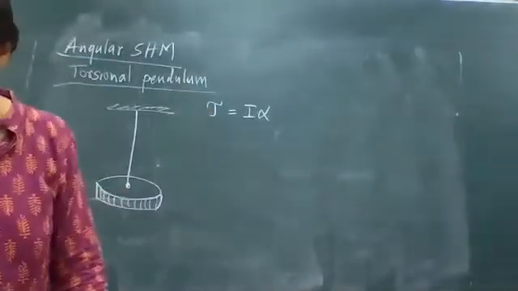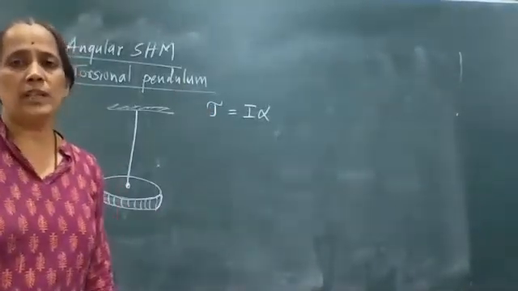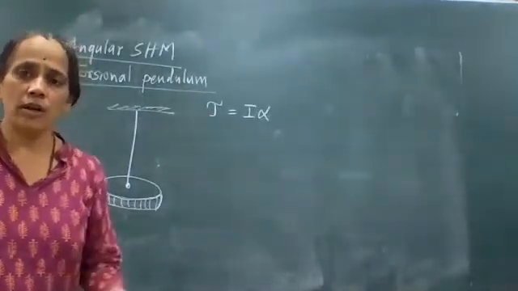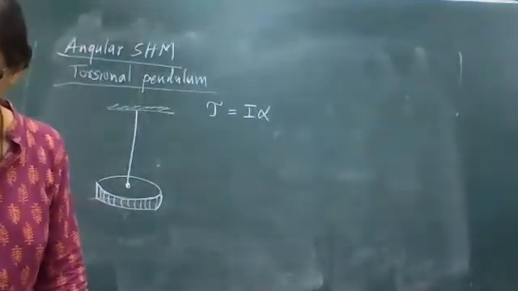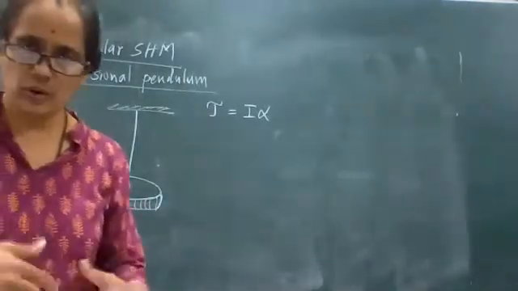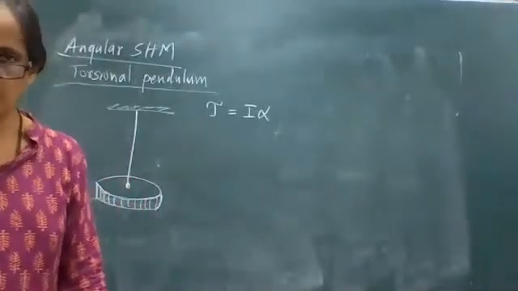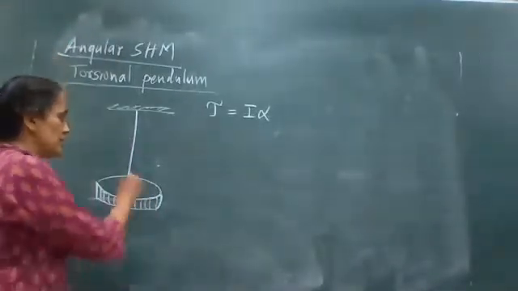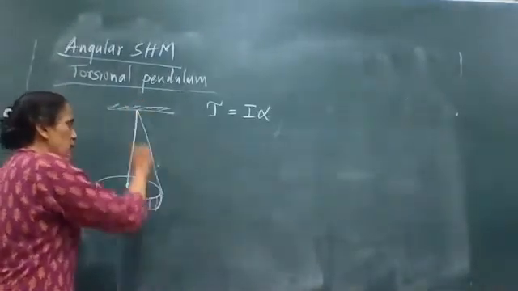So now this is one of the equations for the torque. And now I can say that while performing angular SHM, when a torque acts on the pendulum, that torque must be equivalent to the restoring torque acting on the pendulum, for the angular displacement of this disc of the torsional pendulum.